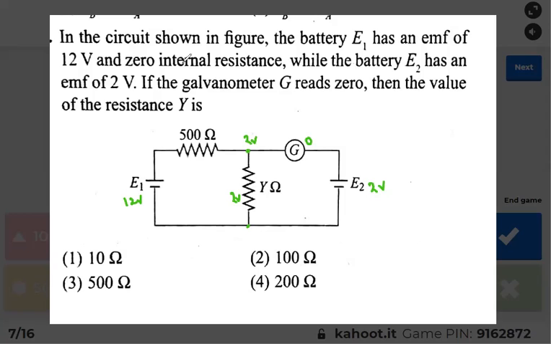Okay, so tell me how to do that. How to do that? Tell me, guys. We understood this concept, sir. If the potential between these 2 points is zero, then the current will not flow.